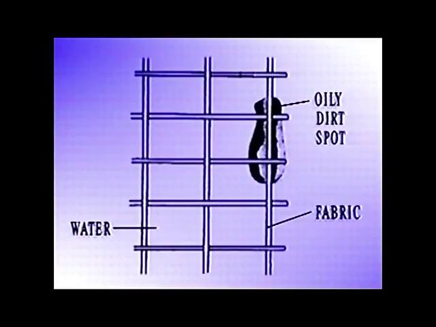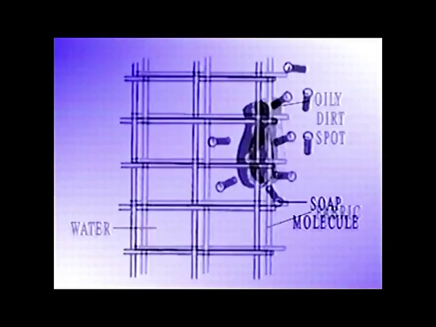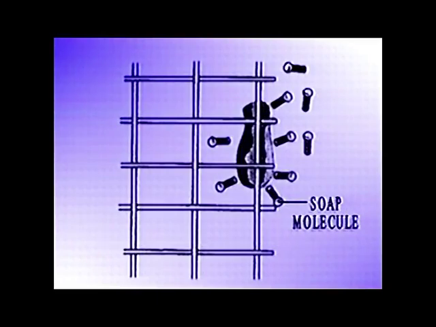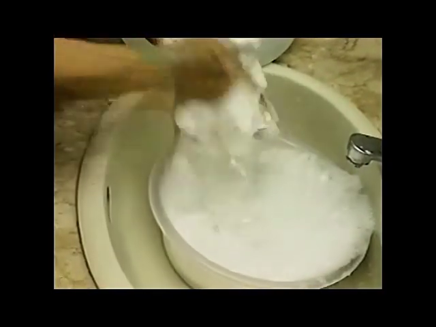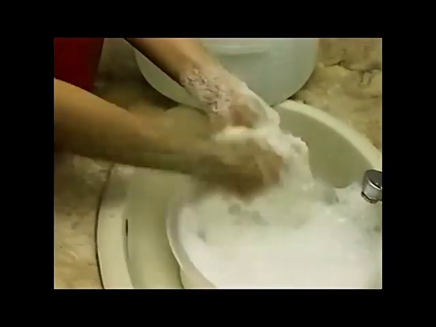In micelles, the water-loving parts are in contact with water, while the oil-loving parts are oriented towards each other on the inside of the oil droplets. When clothes are washed in detergent, oil and dirt particles are trapped inside the micelles, then washed out with water during the rinsing process.